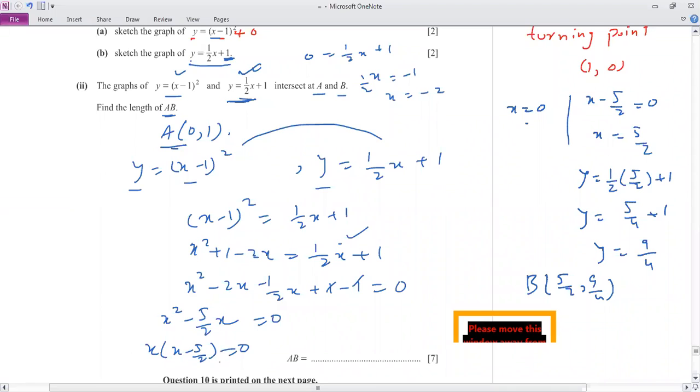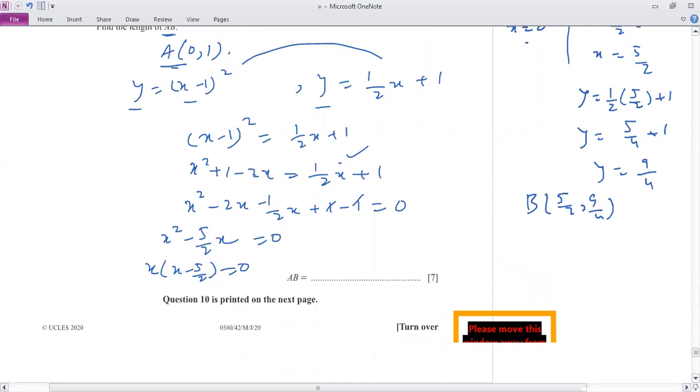Now we have to find the length AB. For length AB, simply use the distance formula, because I have point A and I have point B. What will the distance formula be? Okay, let's write the distance formula.